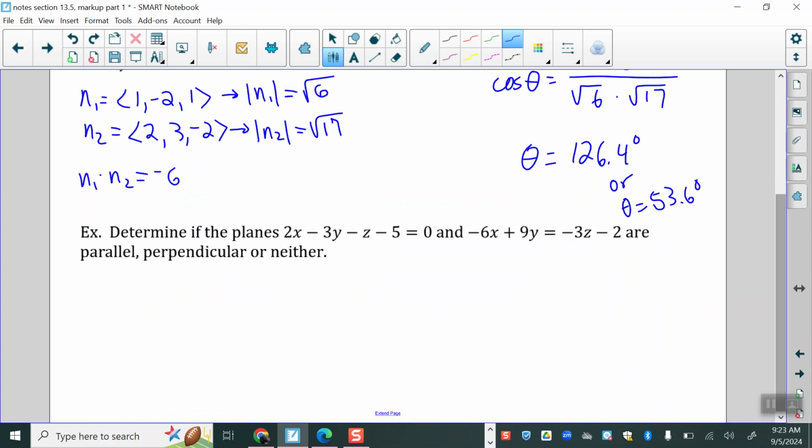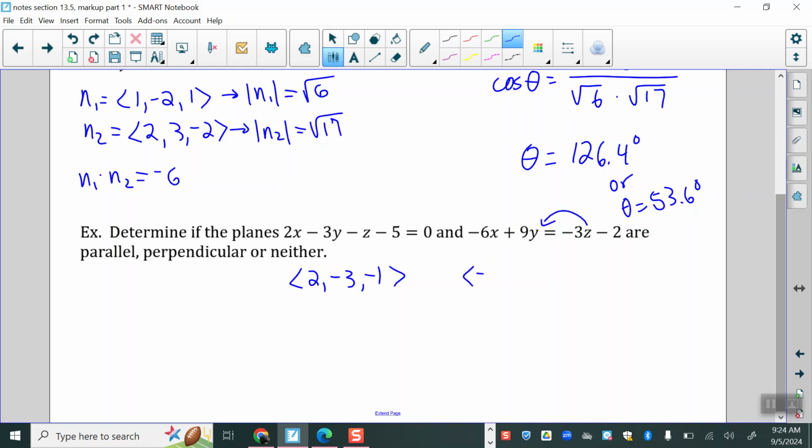Determine if these planes are parallel, perpendicular, or neither. So what do I need from these planes? Points, or normal vectors? Normal vectors. Okay, so I've got 2, negative 3, and negative 1. That 5 can be over there. But this other one is not good. To make it good, let me pull that 3z to the other side, negative 3z.